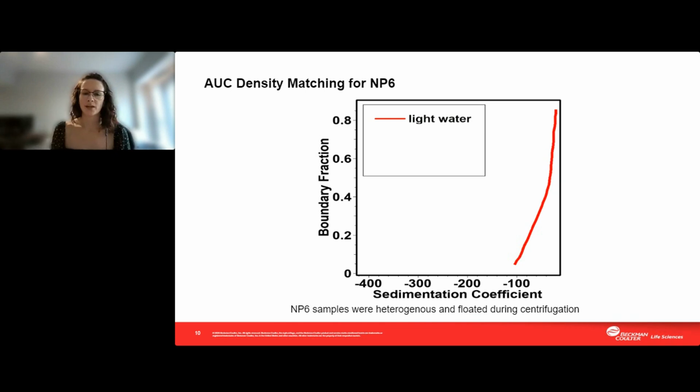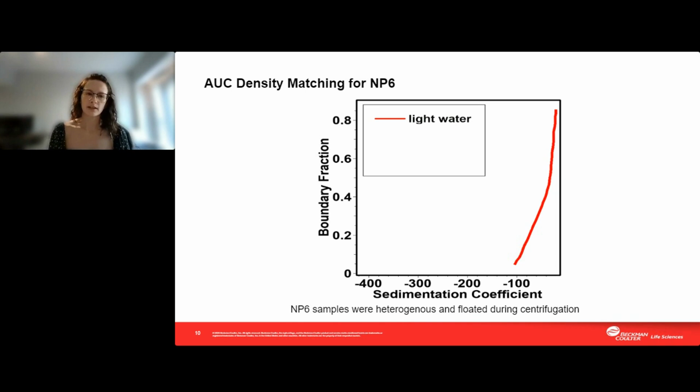The other odd thing about this graph is that the sedimentation coefficient is negative. That means that these samples actually floated when we put them inside of the AUC, and that would be because their partial specific volume is greater than that of water, which results in this flotation pattern, which was really interesting to see.